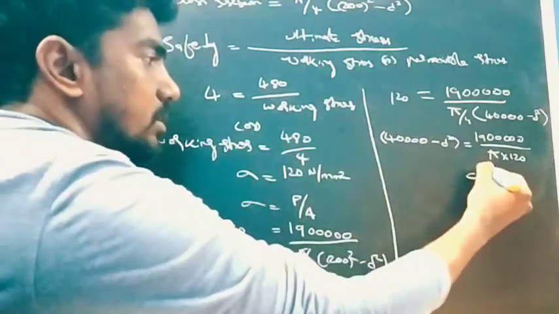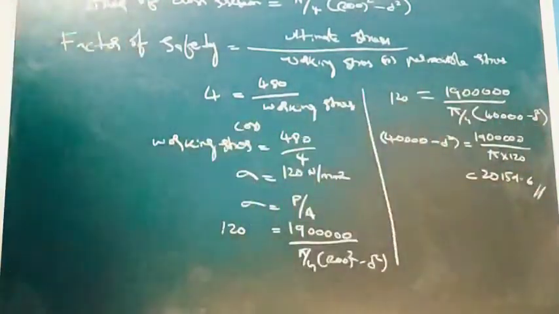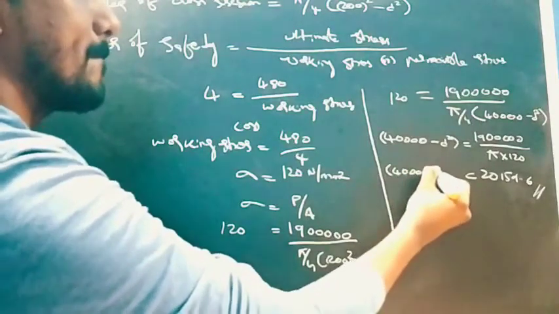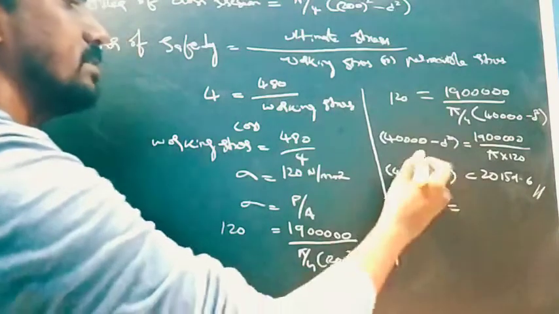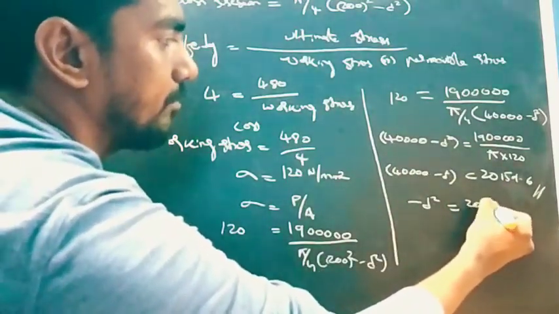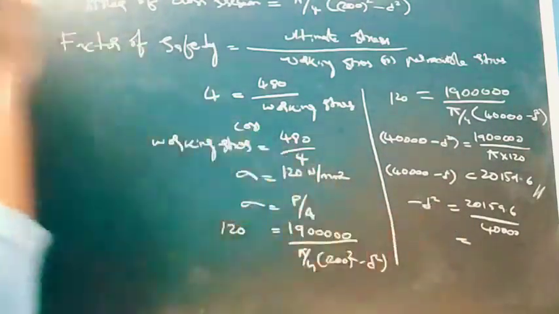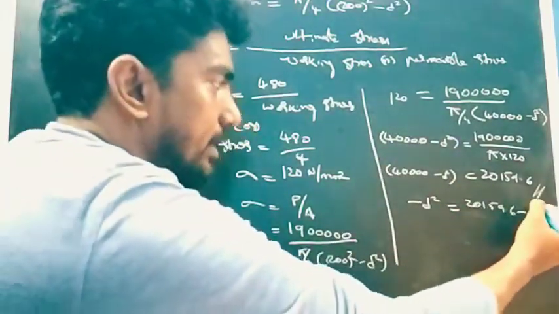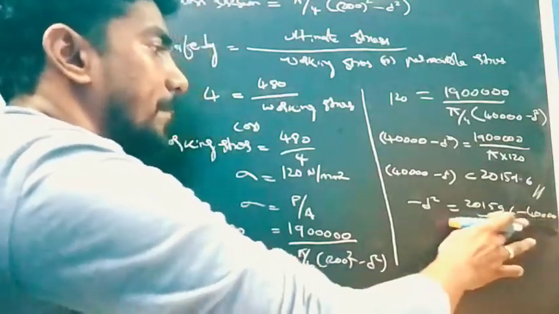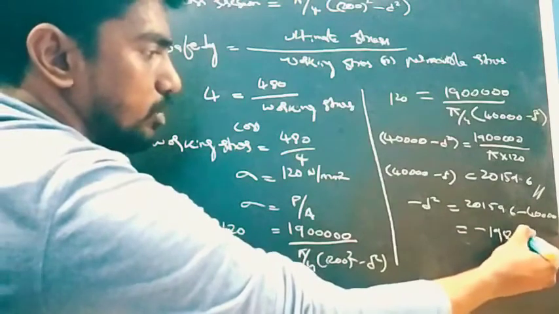From this we got 20159.6. Now, sending d square to the right hand side, we get d square equals 20159.6 minus 40,000. So in negative we got minus 19840.4.